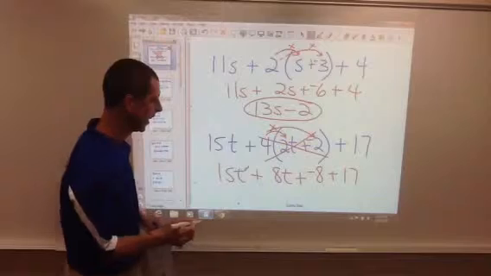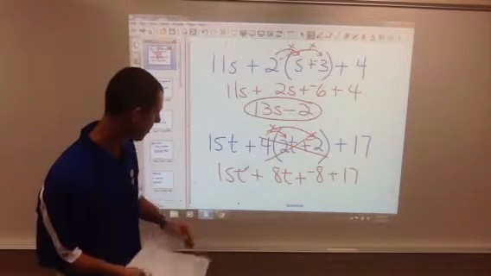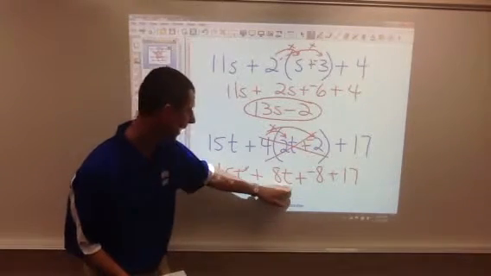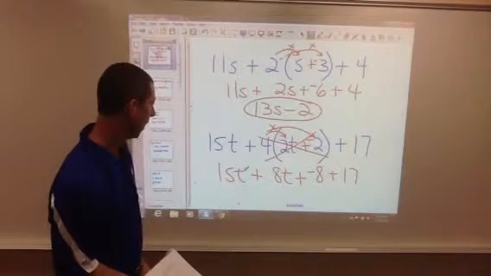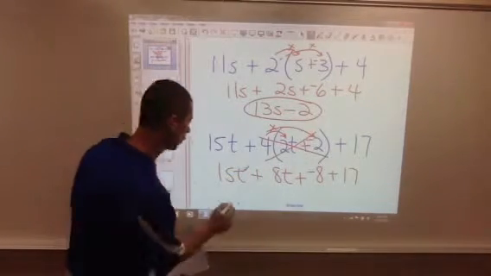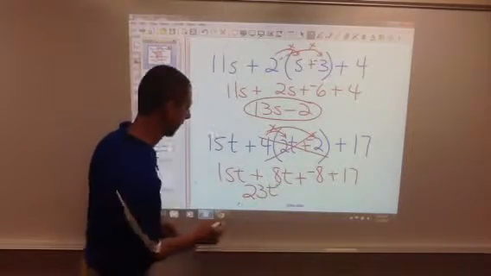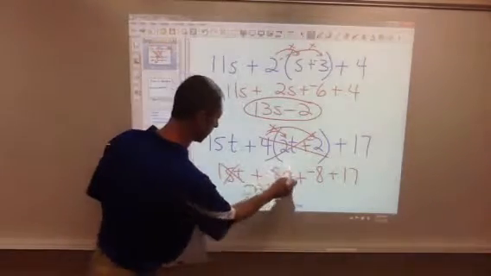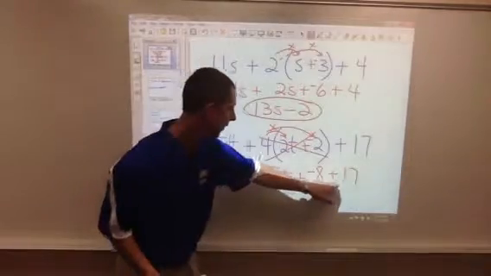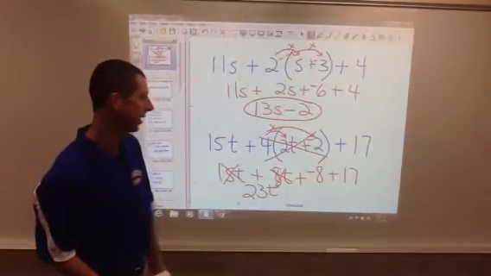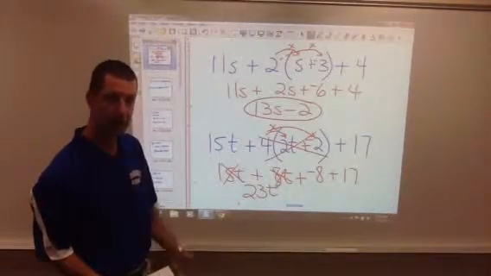Okay, now my last step is to combine like terms. I can put 15t and 8t together. Okay, 15t and 8t is 23t, so 23t. Okay, that takes care of this and this. And I can put my -8 plus 17 together, and that's going to be +9.